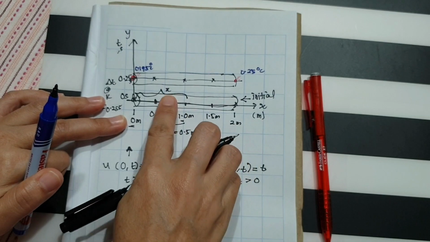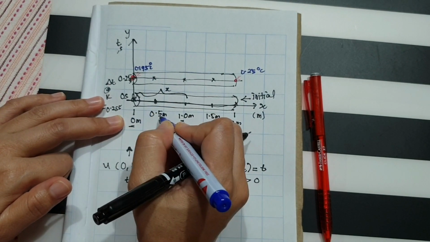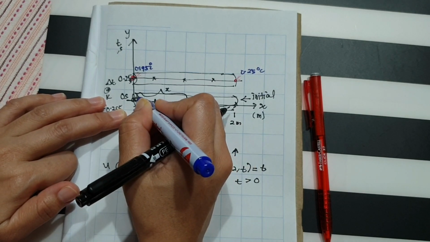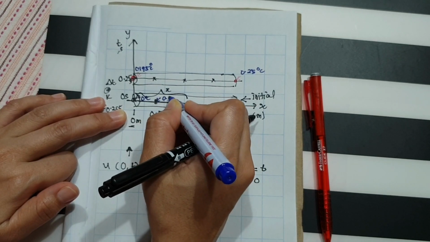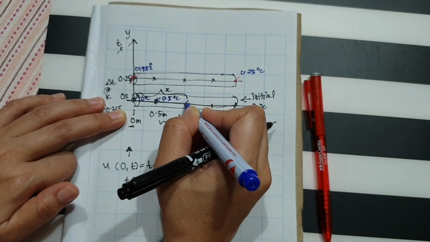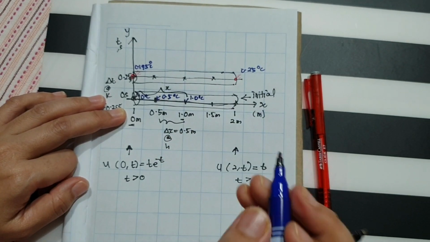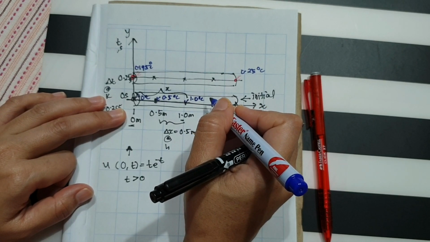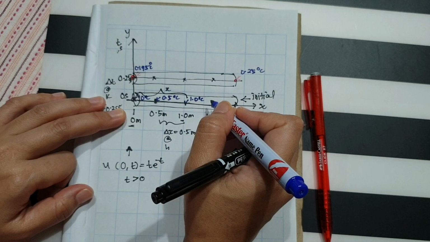Meaning that the value of heat at the points 0, 0.5 and 1 meter is equal to the x value. So here will be 0 degrees Celsius, over here is 0.5 degrees Celsius, and here is 1.0 degrees Celsius.